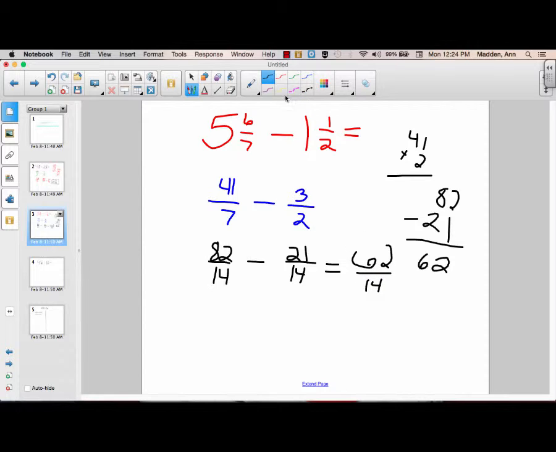Now what's my final step to do from there? I need to figure out how many 14s in 62. So I could divide. If I can't divide, remember I can add till I get close to 62 without going over. Add another 14.